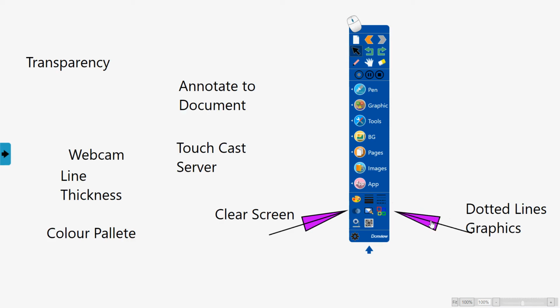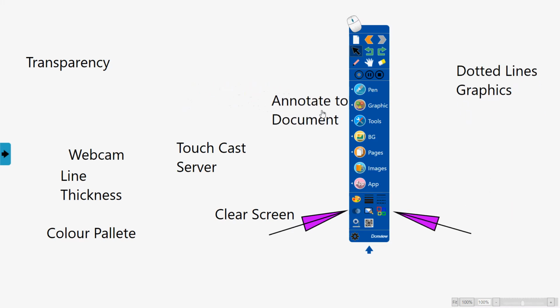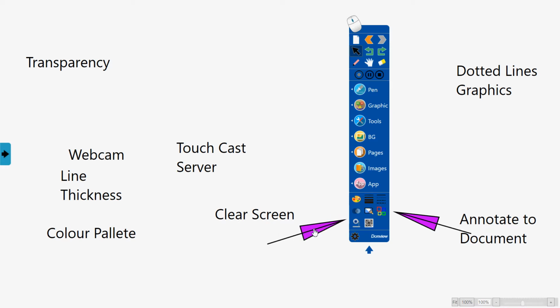On the right hand side, we have the Microsoft logo, which allows us to annotate over Word, Excel, PowerPoint documents from the Windows desktop. Moving down a little bit further, we have the camera icon, and this one will select our camera in the webcam, or the camera in the laptop, and display that image on the screen.